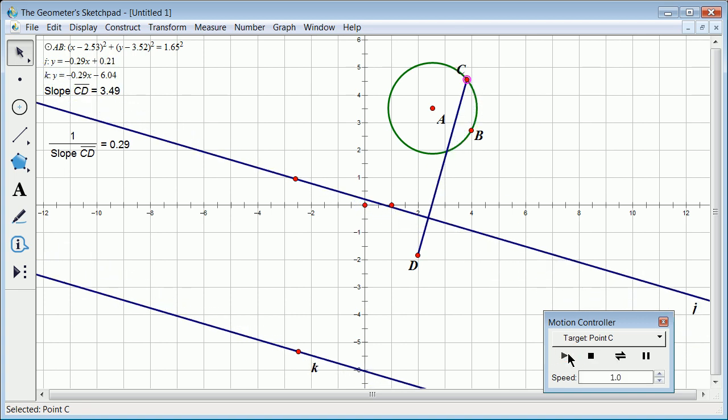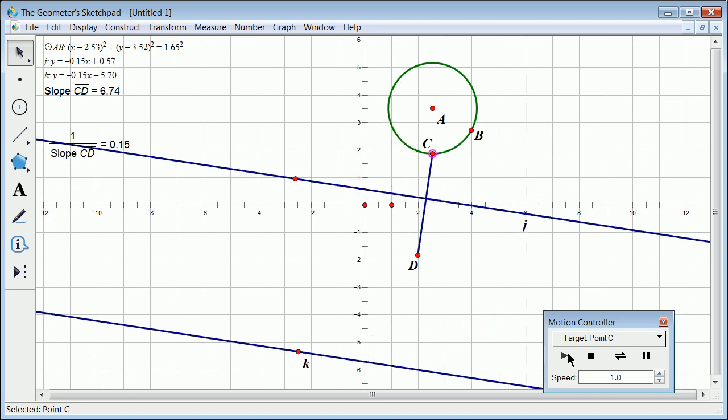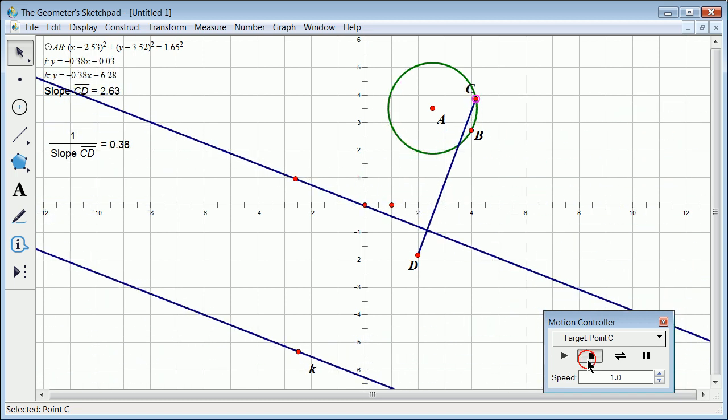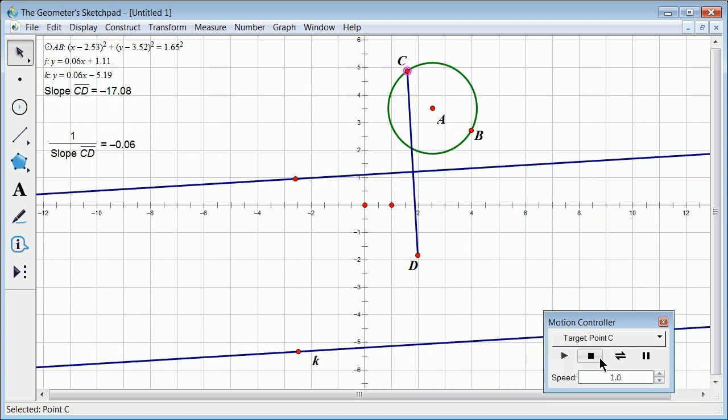And if you stop at any one point, you realize the equations of these lines are y equals mx plus b, and m is the slope. The slope of this line is that number, and the negative reciprocal of the slope is that number. And you realize that that is a lot of what's going on when you're doing drafting and engineering.